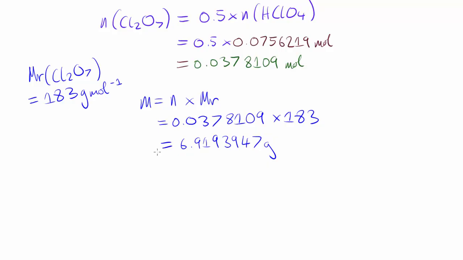If we round this, that's going to be 6 point, and with 919 we would take the 1 and round that up to 2, right? So 6.92 grams. So in this case, the mass of Cl₂O₇ equals 6.92 grams to 2 decimal places.